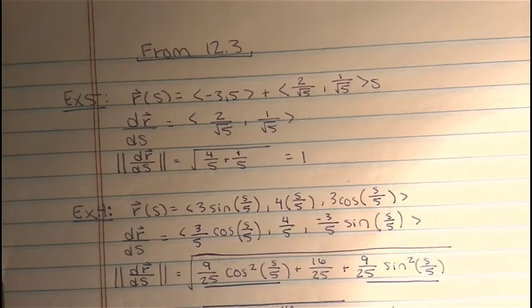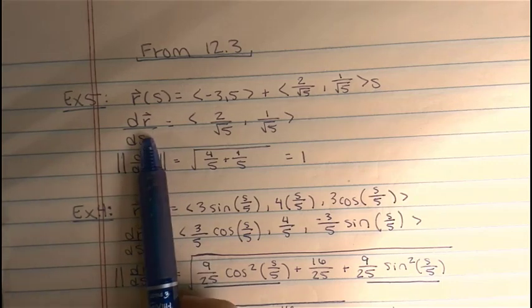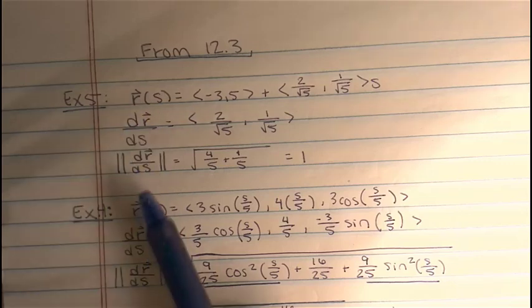Okay, so I pulled out 2 examples from the 12.3 notes to talk about why the magnitude of the derivative of the vector function behaves this way.